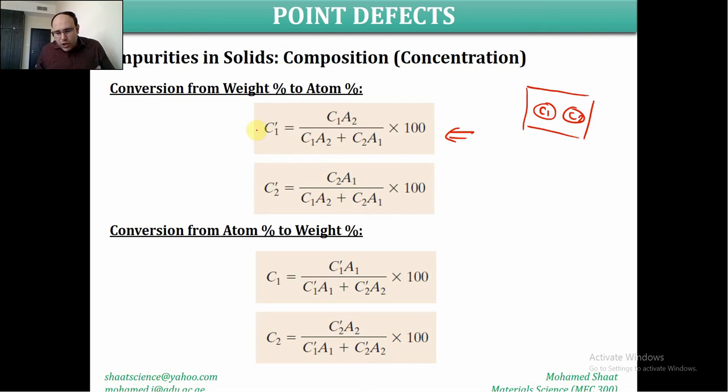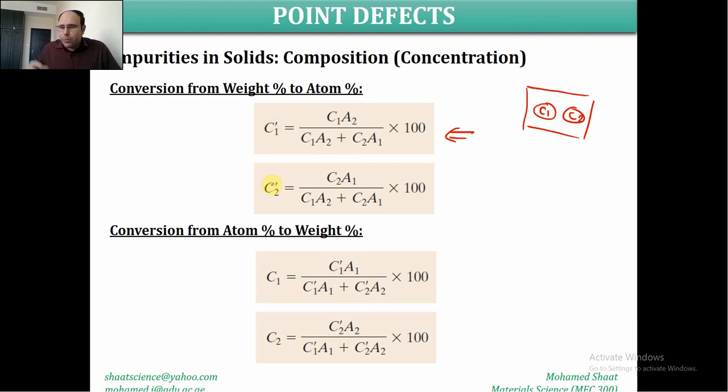So based on the atomic percent, it is C1 A2 divided by C1 A2 plus C2 A1. Just observe the subscripts 1 2, 1 2, 2 1 and so on. They should be swapping the subscript between the concentration and the atomic weights. You're gonna end up with this concentration based on the atom number.